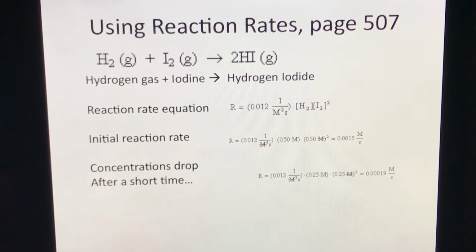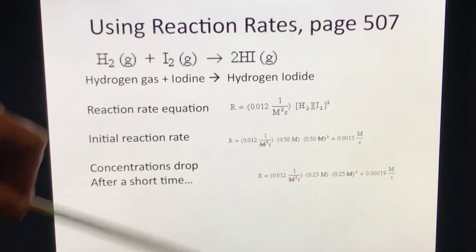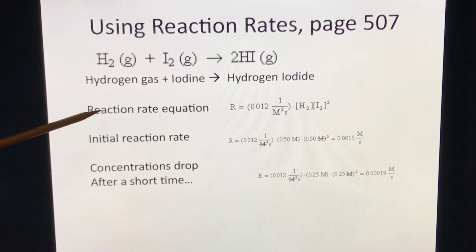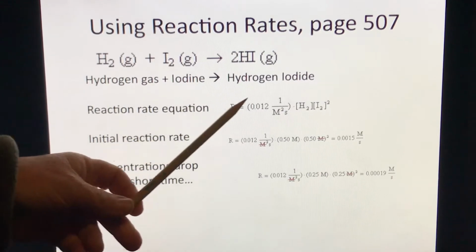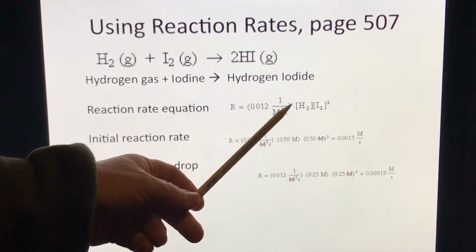Okay, so now we go into some calculations on using rate reactions, page 507. We're presented with this chemical reaction. The hydrogen gas plus the iodine is the hydrogen iodide. And if we were to calculate the rate reaction equation, they're given in the book, right?